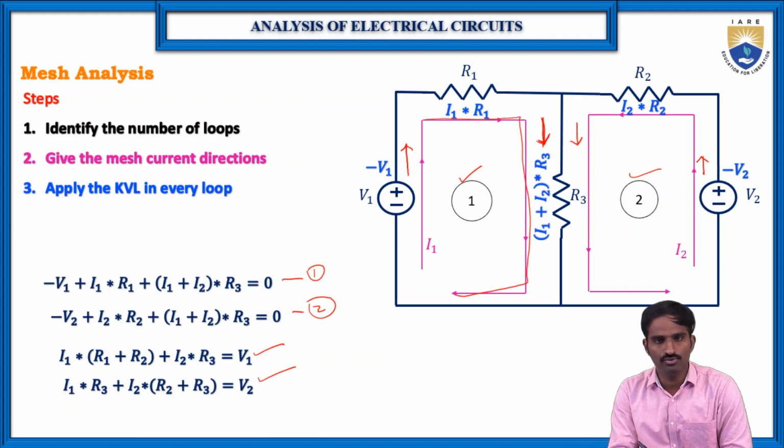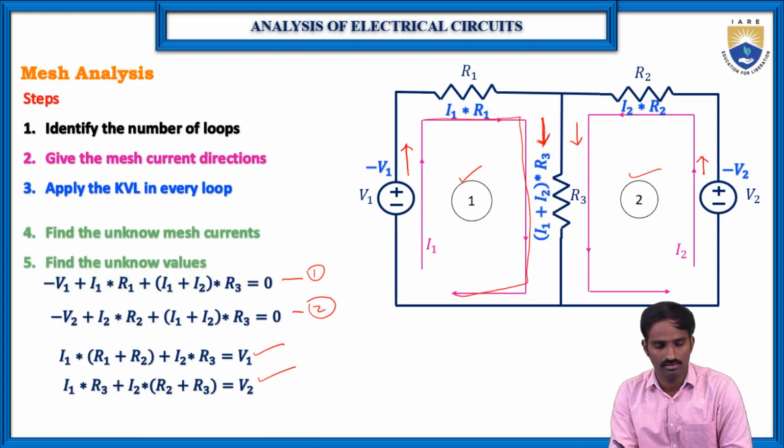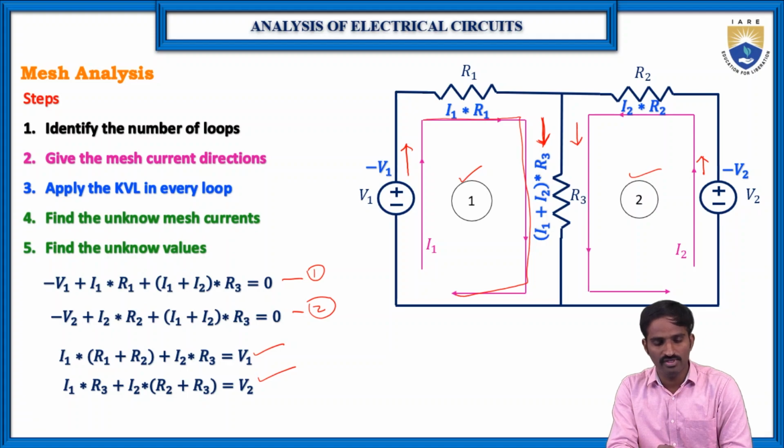By solving these two equations, we can get the values of I1 and I2, the unknown mesh currents. Then after that, we can find the unknown values. Suppose we want to find the current flowing through R1, that is I1, because we have already calculated the values of I1 and I2 using these two equations.